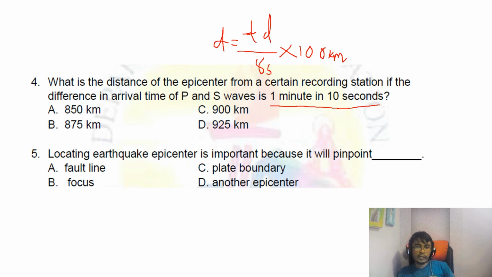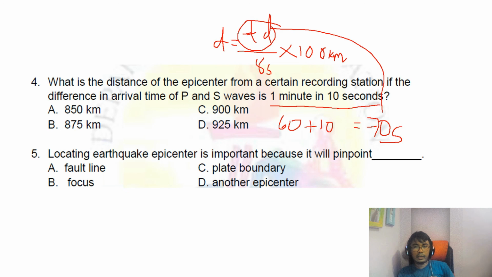We know that in 1 minute, we have 60 seconds, right? So, add that to 10 seconds. That will give you 70. So, 70, that's 70 seconds. Yan na yung time difference. Okay? So, that is 70 divided by 8 times 100. The result is 875. Okay? So, that's how you get the distance.